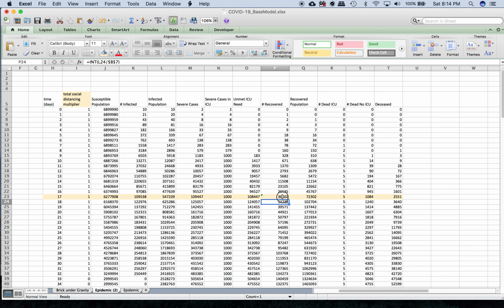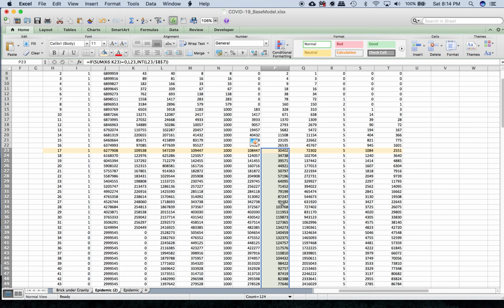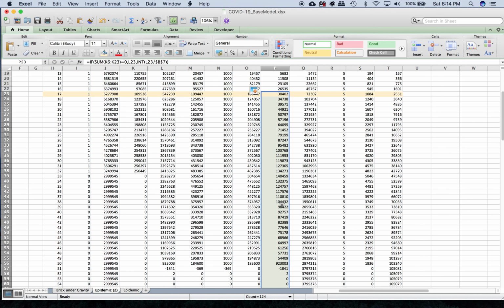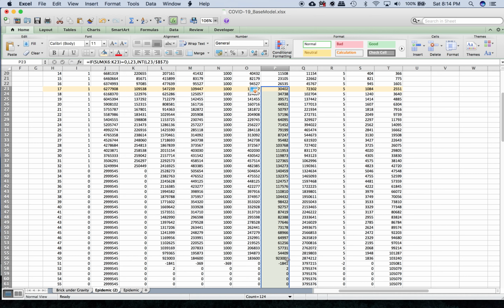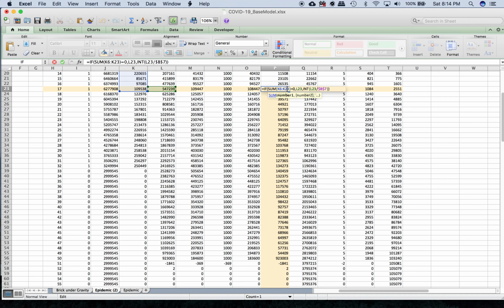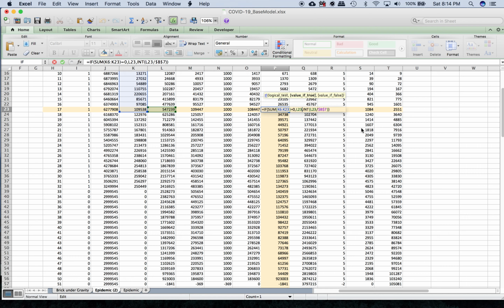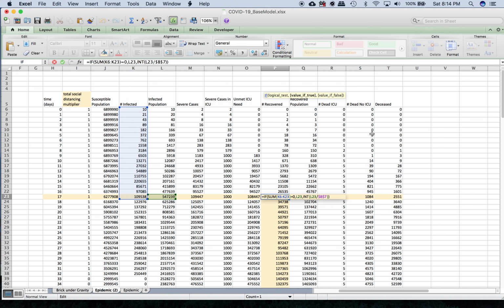Okay, and then copy this, or paste that in by double clicking. So let's see here if it worked, and then I'll explain. Oh, yeah, I made a mistake. Okay, so we have a negative number here, so I made a mistake there because I did not subtract the dead population. Let's see.